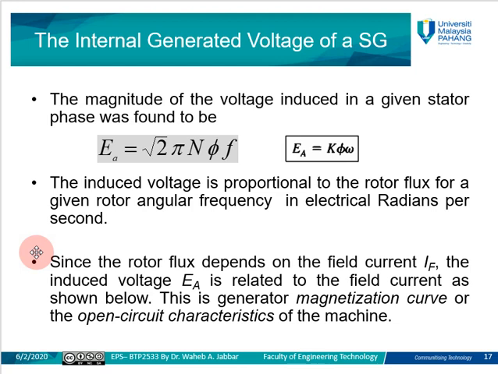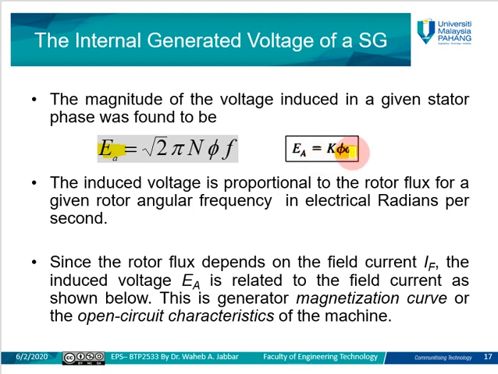The induced voltage in the synchronous stator. We said the rotor represents the field winding and the stator represents the armature winding. The induced voltage in the armature, E armature, is proportional to the magnetic flux generated in the field winding and also to the angular speed of the rotor.